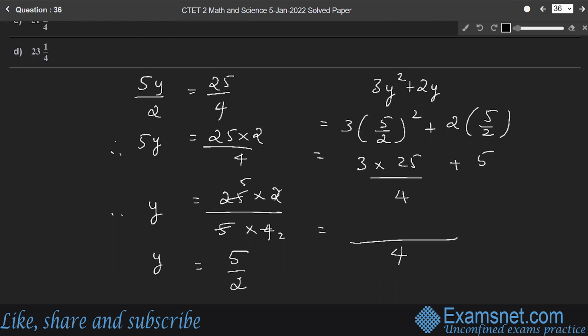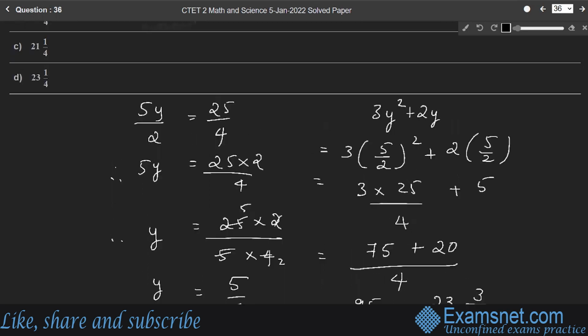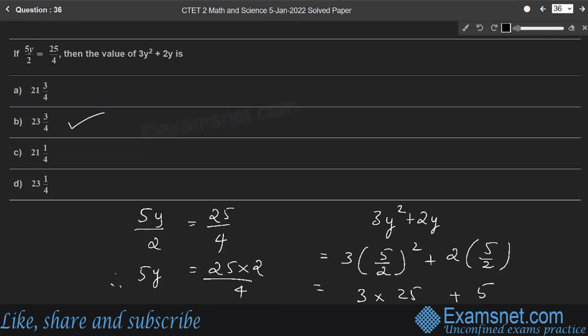So, 75 plus 20, which is equal to 95 by 4. Which is 23 integer 3 by 4. Hence, option B is the right answer.